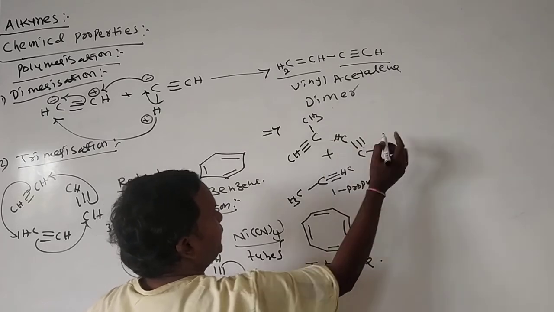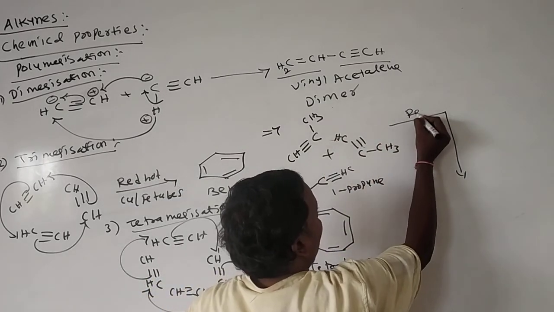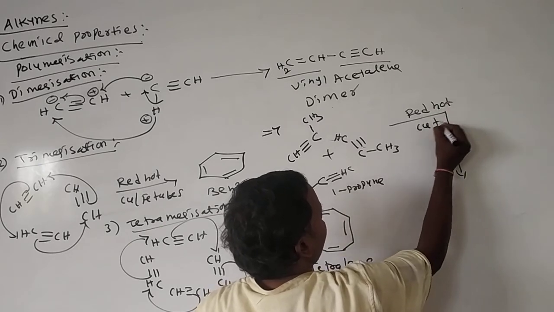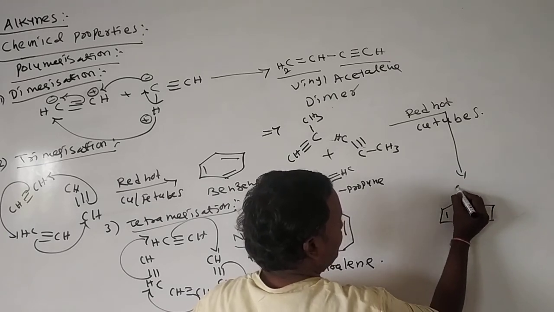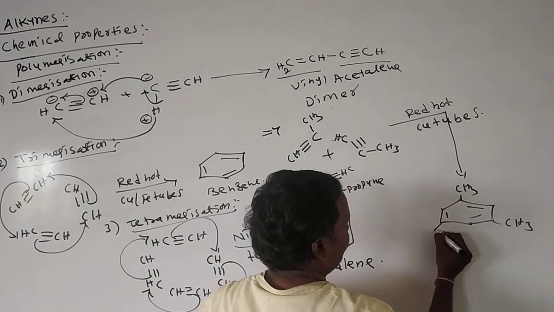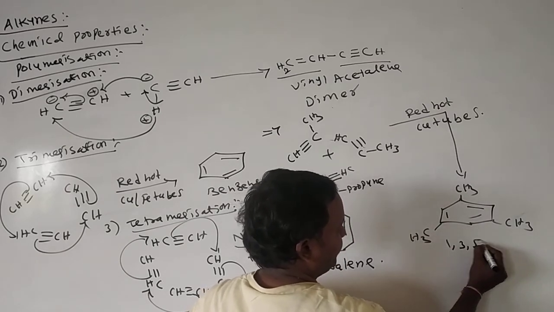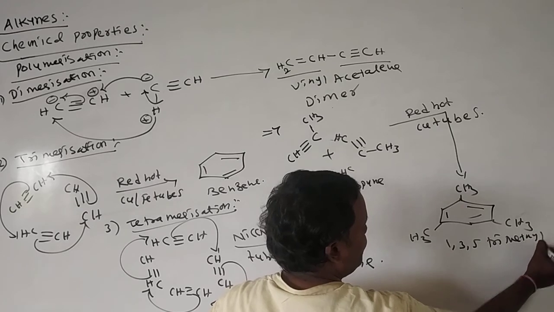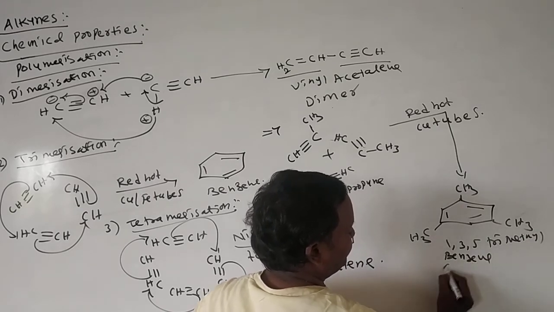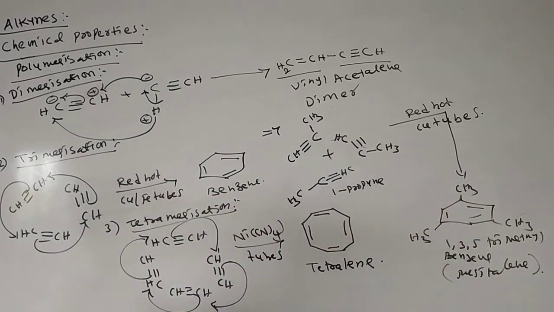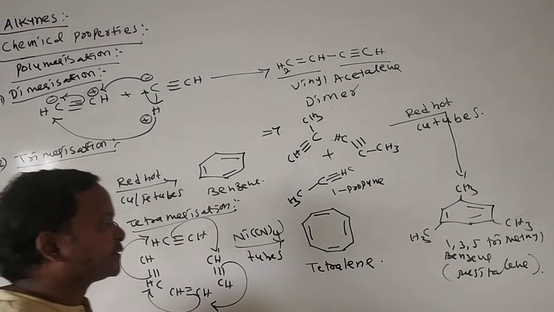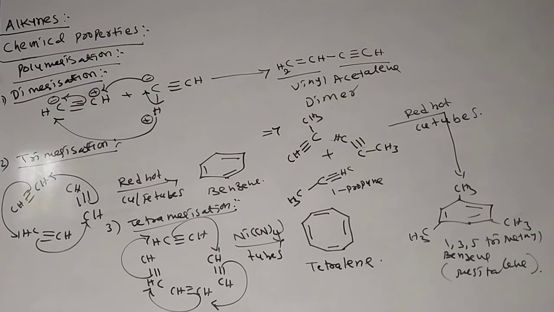Take 3 moles of 1-propyne and pass it through red hot copper tubes, and we will get this molecule with CH3, CH3, CH3: 1,3,5-trimethylbenzene. This is also called mesitylene. If you take 1-propyne, we'll get here 1,3,5-trimethylbenzene, also called mesitylene.